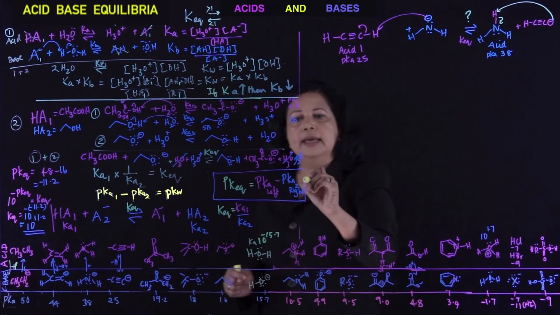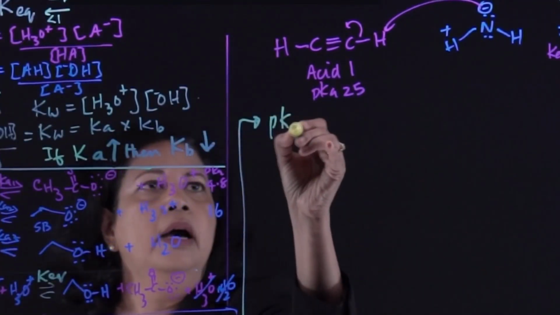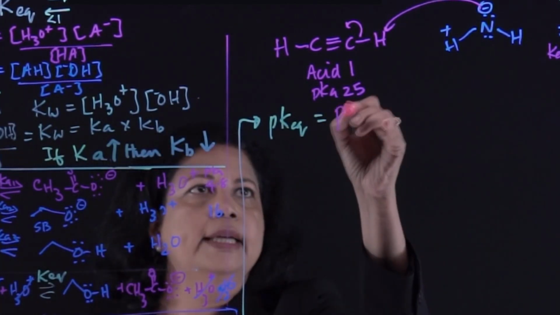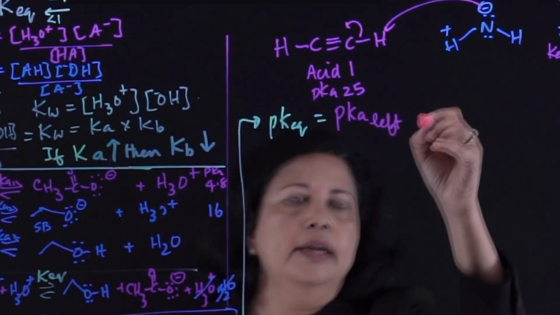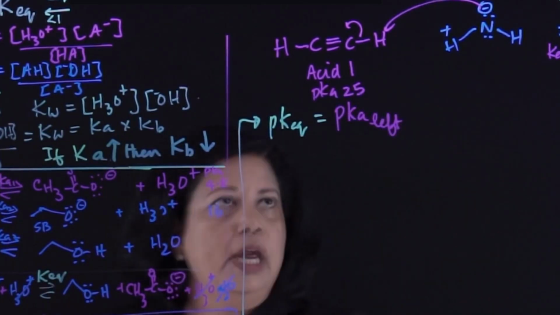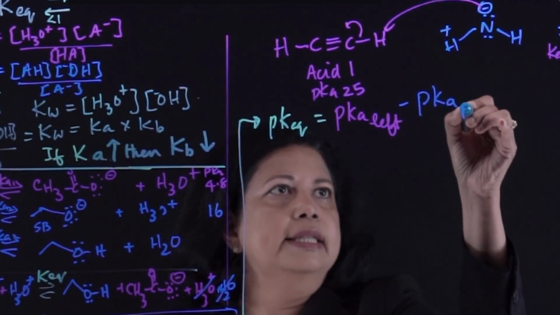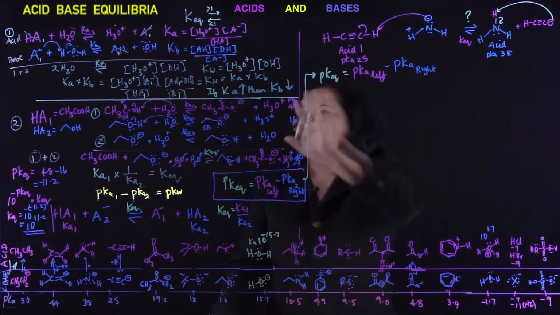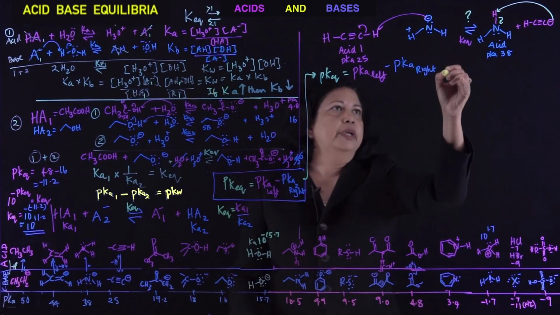We just blindly apply this equation. pK equilibrium is going to be the pKa of the left acid subtract the pKa of the right acid. Now here, the equilibrium can go this way or this way. We don't know. We're just going to find a number and then predict which way.